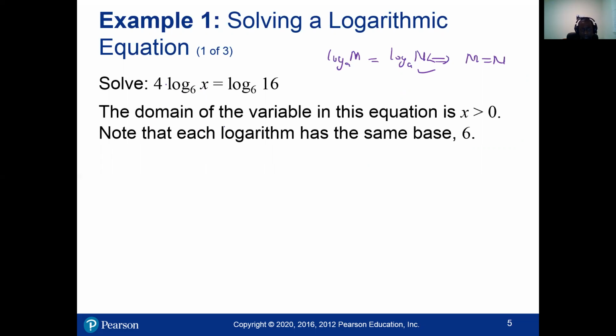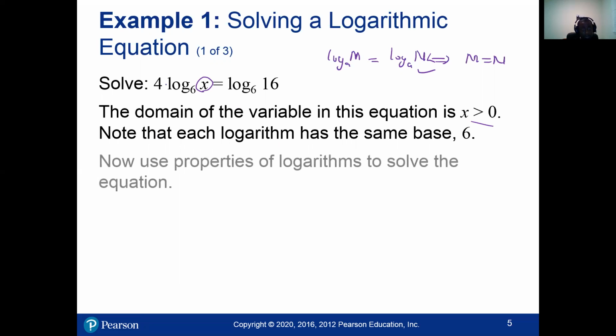But first, we need to look at the domain of the variable x in this equation. The log is defined when x is greater than 0. Note that each logarithm has the same base, and so we can use the property that we just talked about. Now use properties of logarithms to solve the equation.